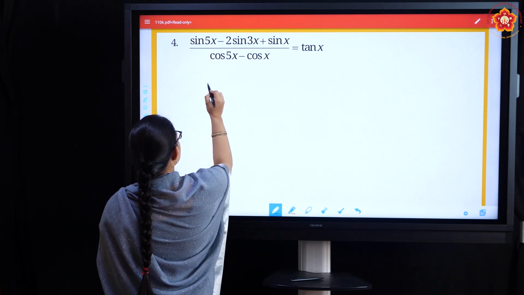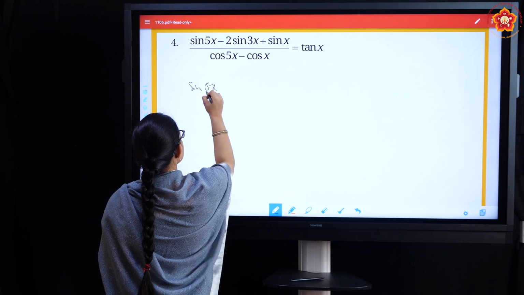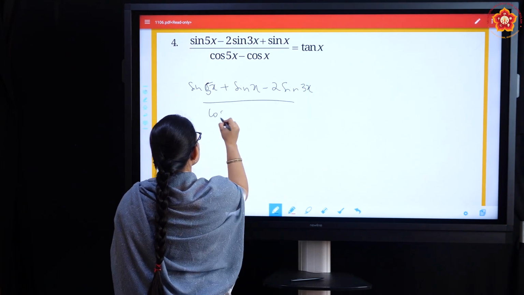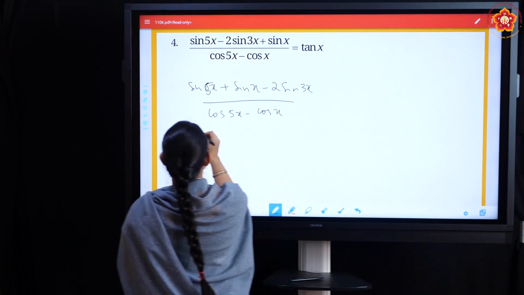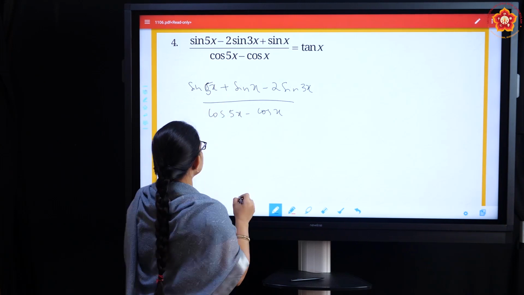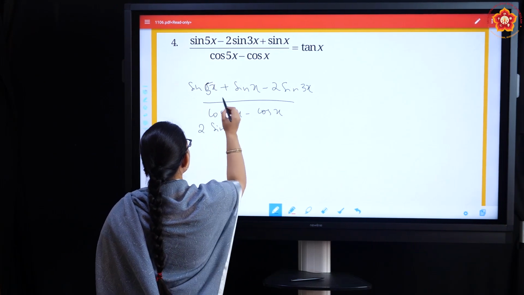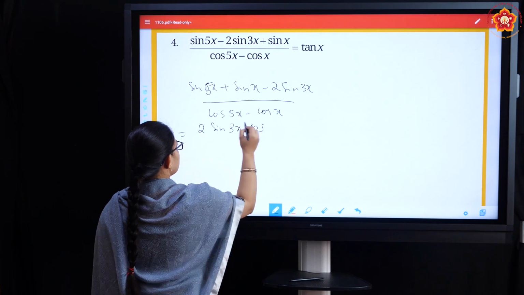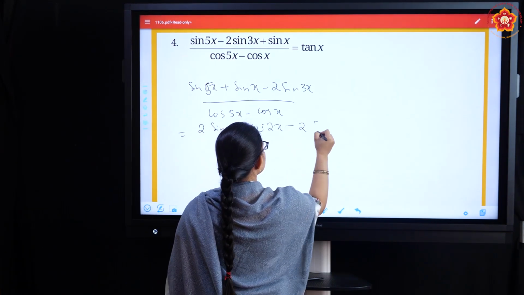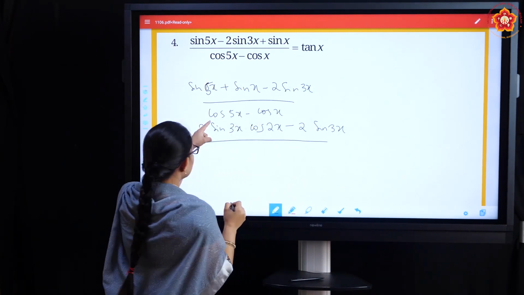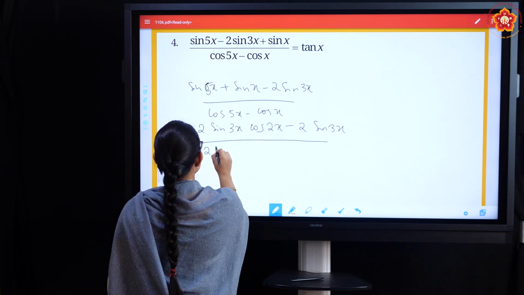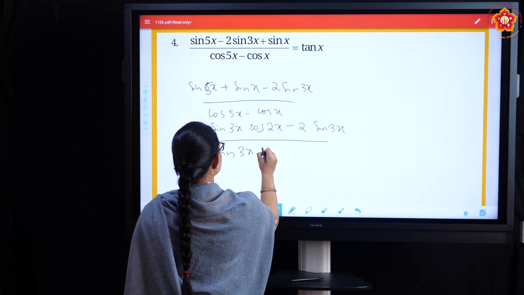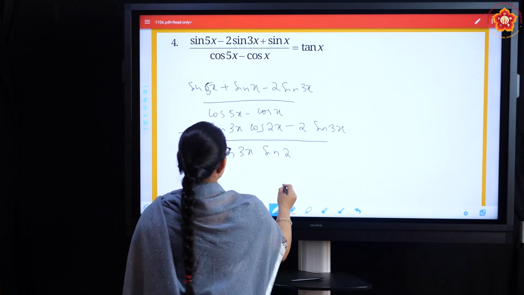So sin 5x plus sin x is 2 sin (x plus y by 2), that is 2 sin 3x cos (5x minus x by 2), that is cos 2x, minus 2 sin 3x as it is, divided by cos 5x minus cos x, which is minus 2 sin (x plus y by 2), that is 3x, into sin (x minus y by 2), that is sin 2x.